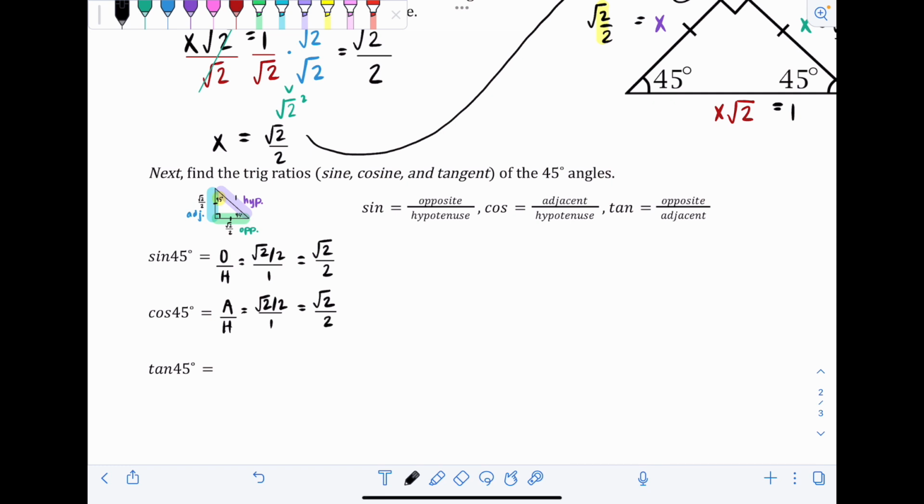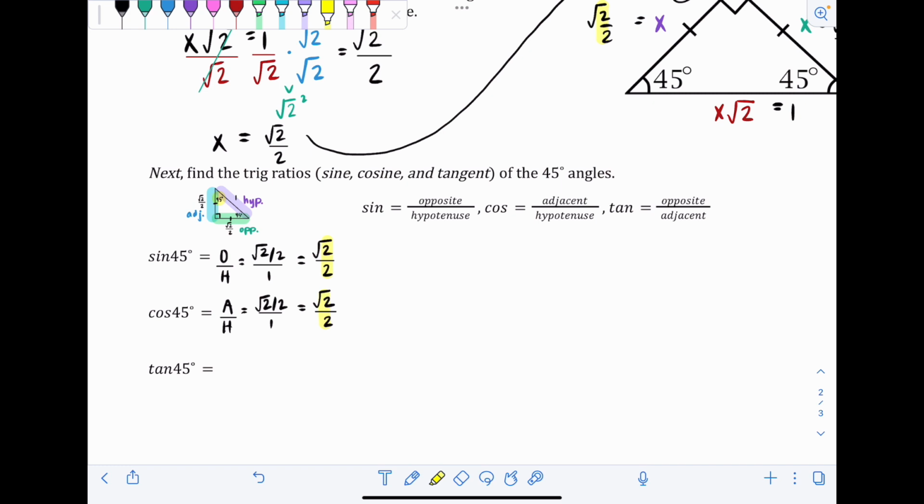I don't know how I said it the first time, but it was definitely not correct. So you're getting the same thing for sine of 45 and cosine of 45, because the opposite and adjacent sides are the same, since the two legs are the same.